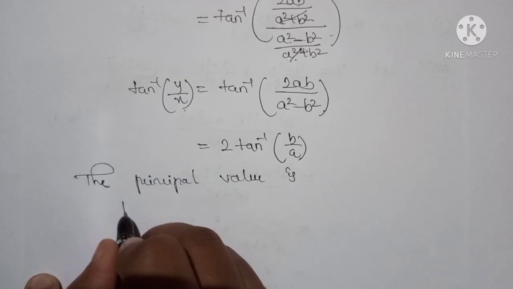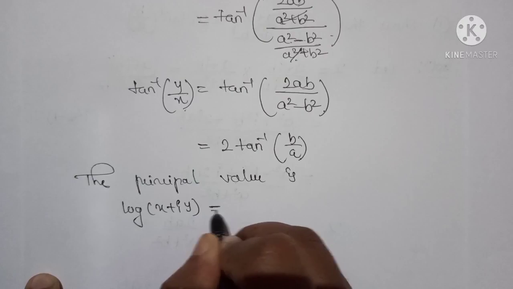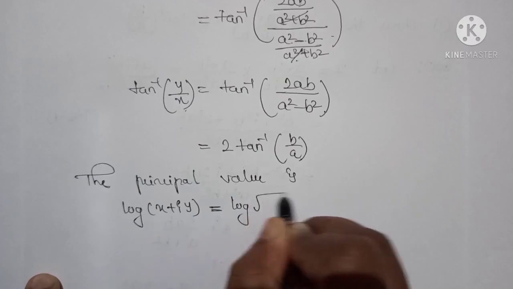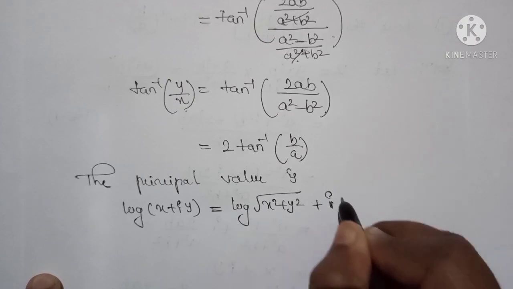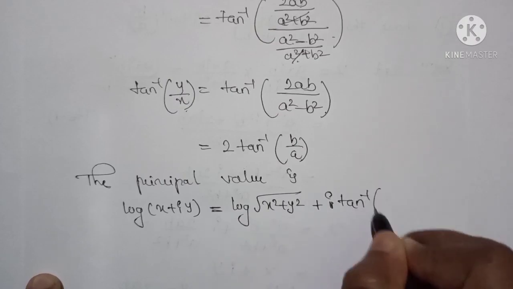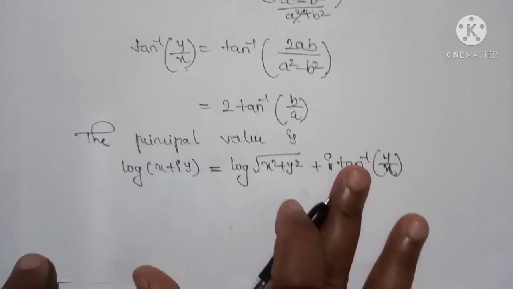Therefore the principal value is given by log of x plus iy equals log of square root of x square plus y square plus i tan inverse of y by x, that is the amplitude of the given complex number.